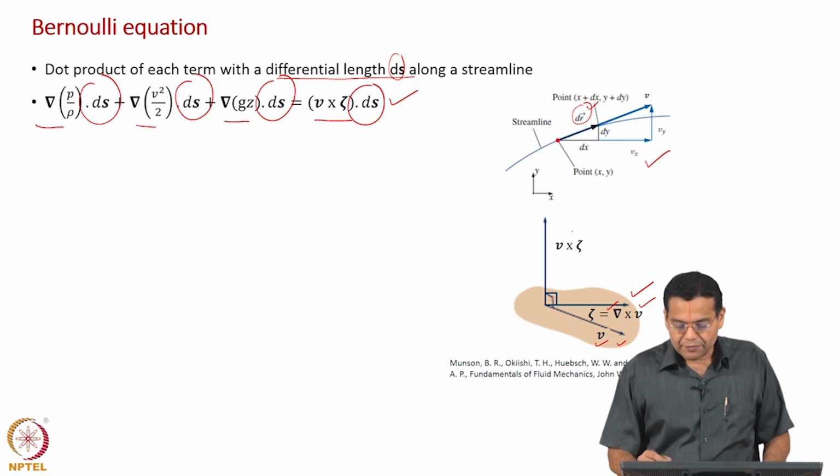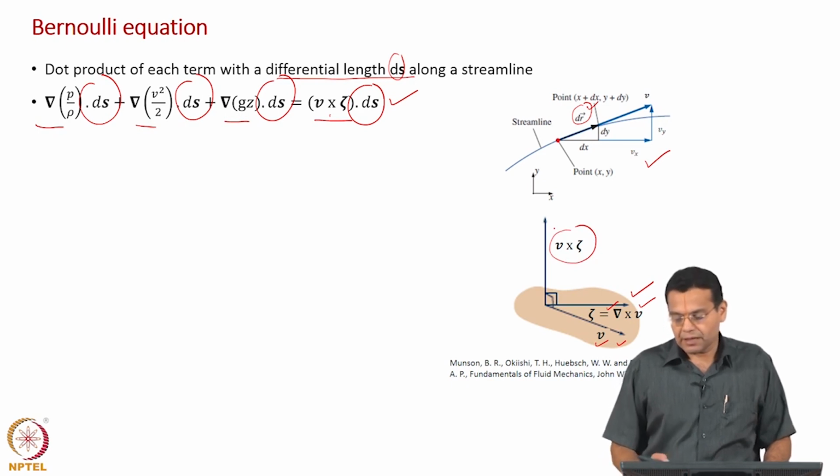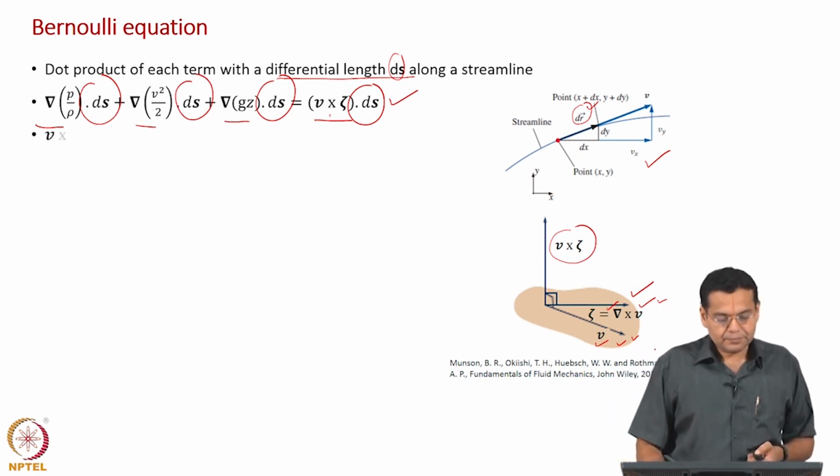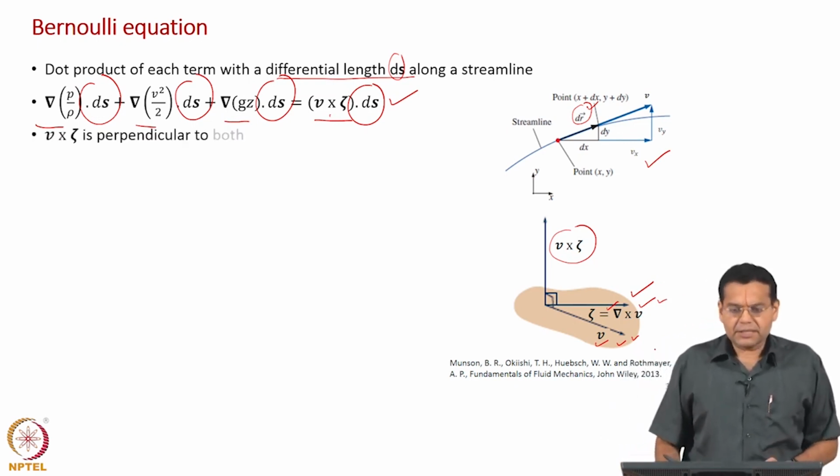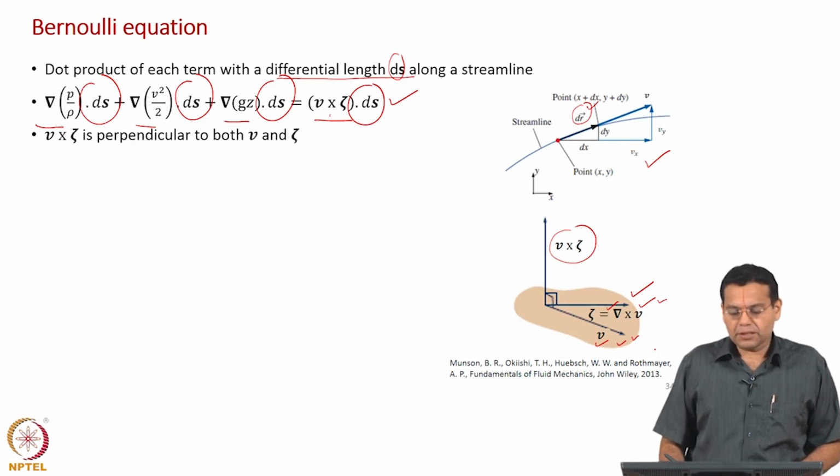Now, we have one v cross vorticity here and that vector is shown here. We know that when we take the cross product of two vectors, the resulting vector is perpendicular to both the vectors. So, in this case v cross the vorticity vector, that resulting vector is perpendicular to both v vector and vorticity vector. So, let us write down that v cross vorticity is perpendicular to both v and vorticity.